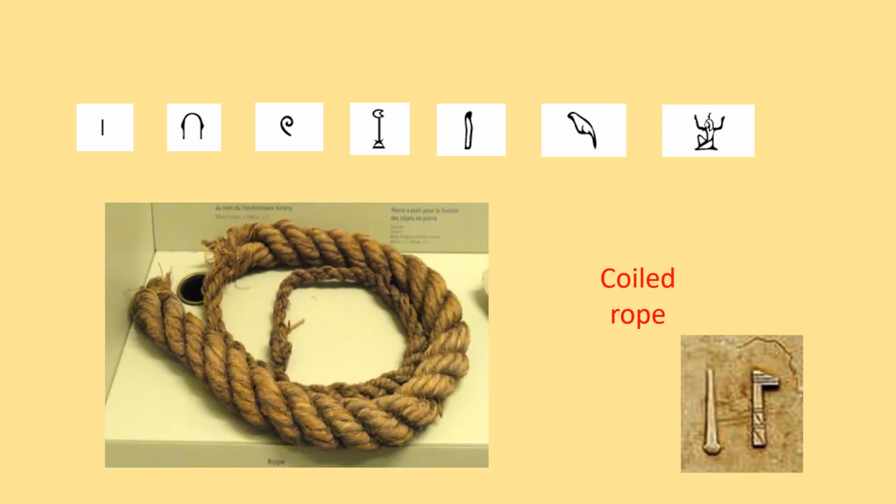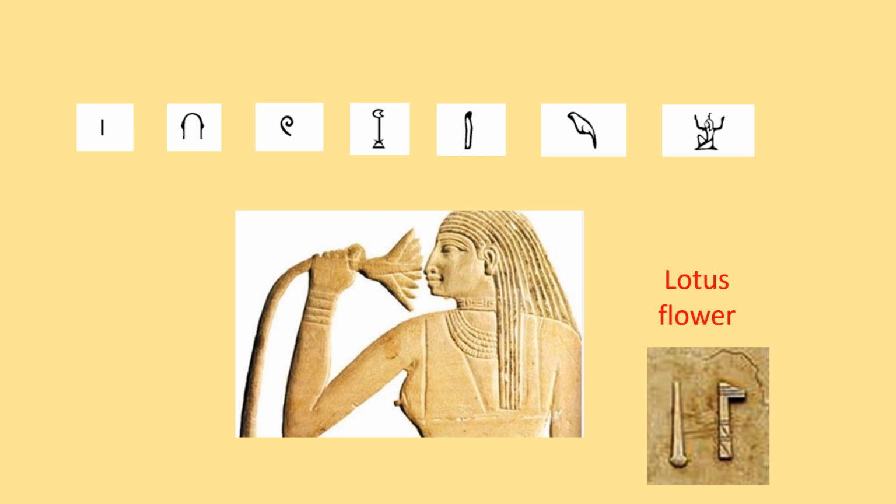In Medu Neter, the symbol for 100 is represented by a coiled rope. For 1,000, our ancestors used a lotus flower.